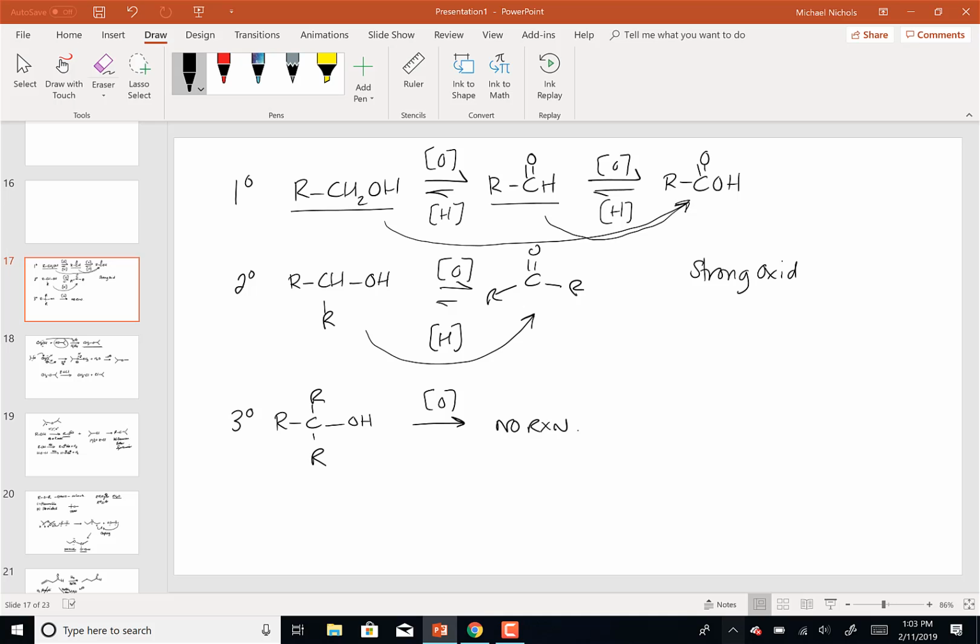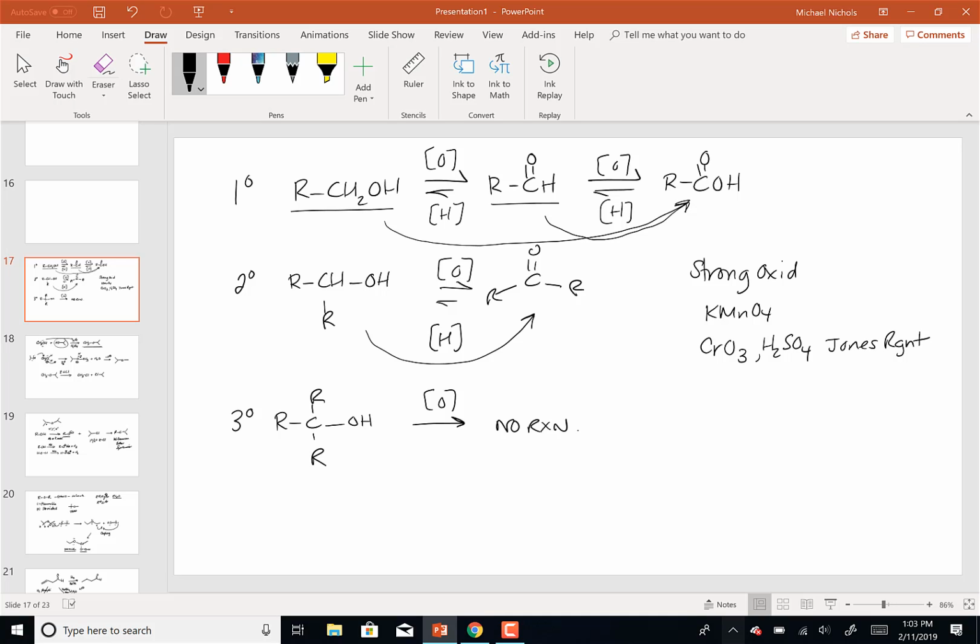So those are the strong oxidizers, and they are things like KMnO4, chromium trioxide dissolved in sulfuric acid. That actually has a name. That's what's called the Jones reagent, or Jones oxidation.